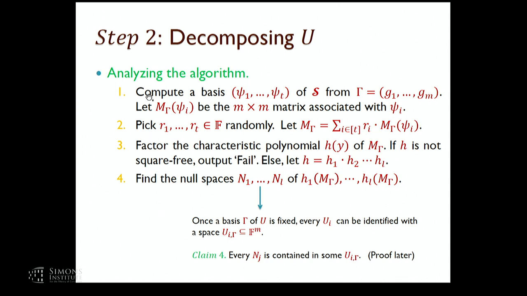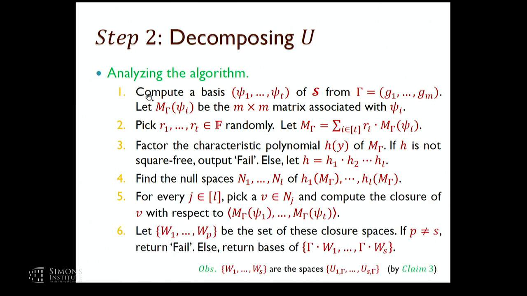These spaces are not spaces of polynomials, but spaces of vectors in F to the m. And that's the main claim that we have to prove, that these null spaces are contained in this UI. And now it's over, because once you know that these null spaces are actually spaces inside the UIs, you just pick a vector, and if you compute the closure, you're going to get UI, right?